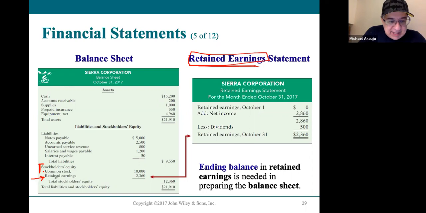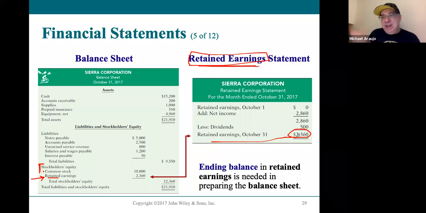But this represents the profits of the owners that have been retained, kept in the company for reinvestment. That number comes directly from the retained earnings statement. The retained earnings statement is an easy statement. It only tells you two things: how much profit is being added and how much dividends are being subtracted, and boom, there's your balance.